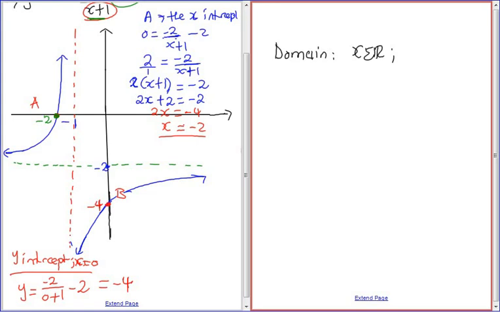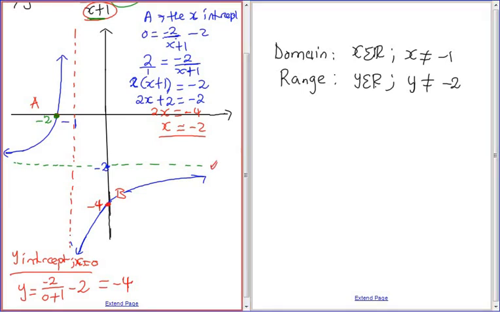You just look at the asymptote. So x is not equal to -1, like that. And what about the range? The range involves y. So you're talking about y right now. Which y value is not included? Well, you just have to look at the asymptote. y should not be equal to -2. You know that. You get it over here.